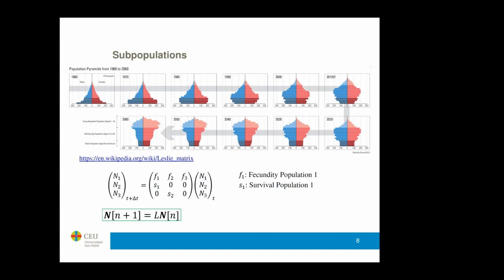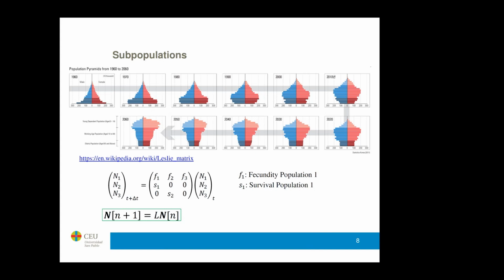Okay, so this is how the people are aging over time. And the same for S2. And then they disappear from N3. So like this, you can take a population, divide it into pieces, and then put a model on how these pieces, these subpopulations, are evolving over time.